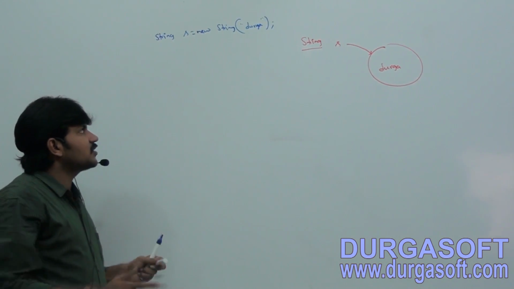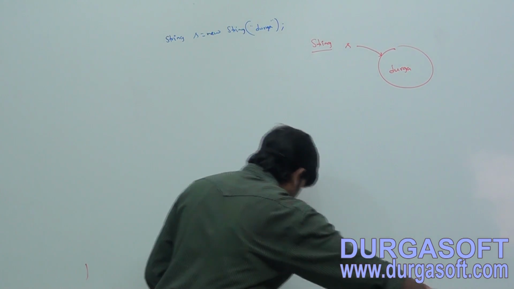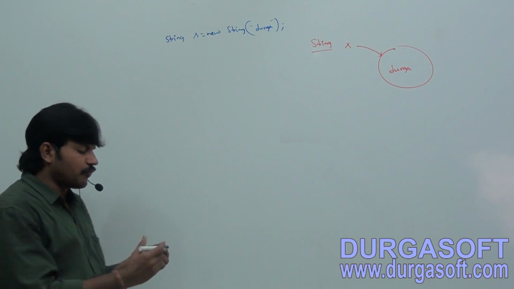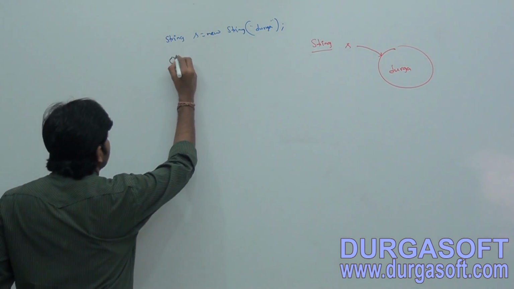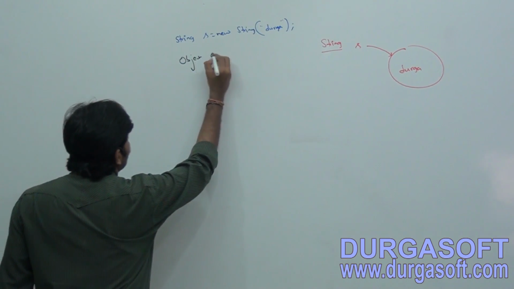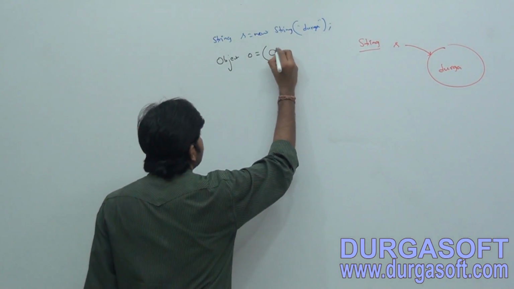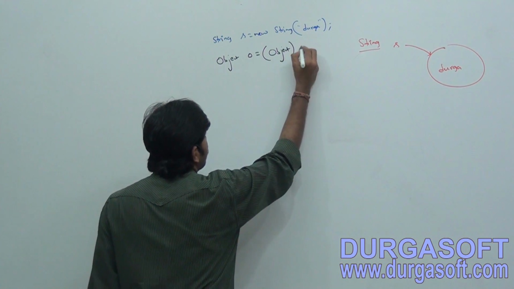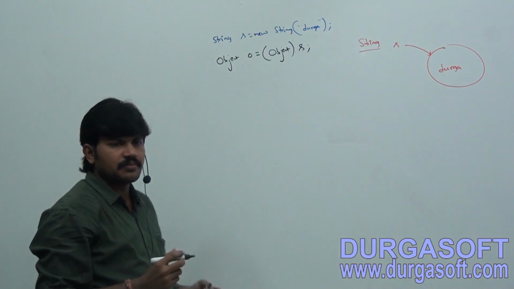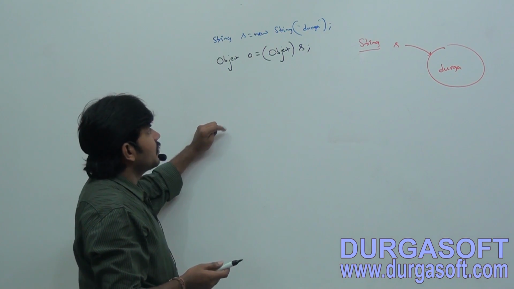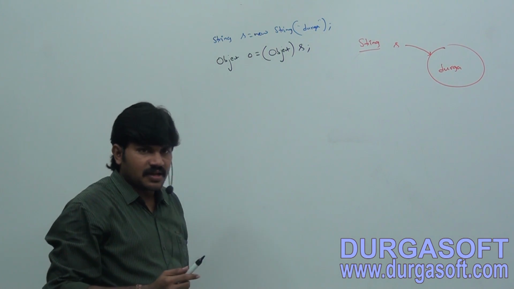Sir, I want to typecast this string object to object form. Object o = (Object) s. Just observe: is it valid typecasting or not?